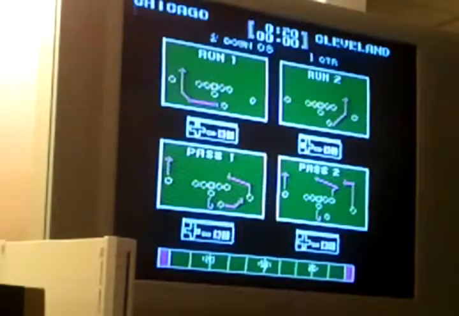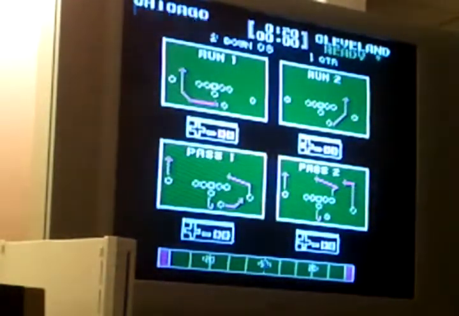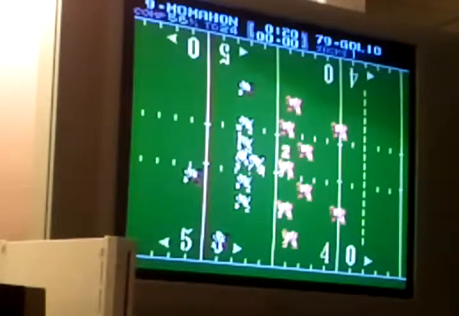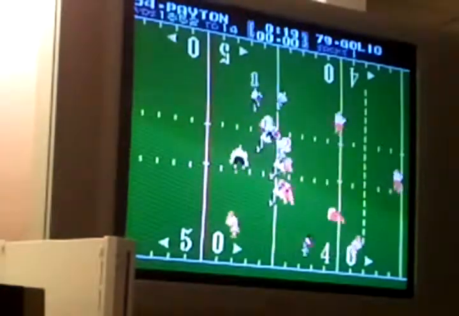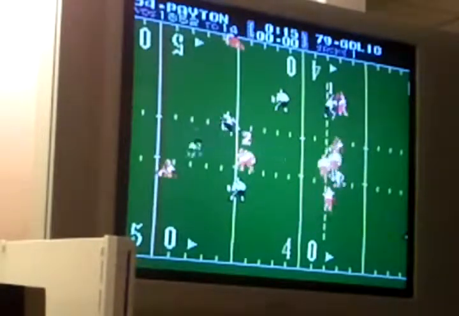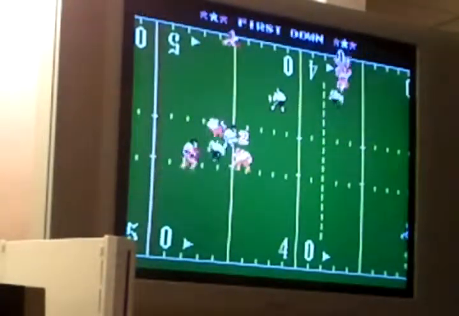Dude, it totally looked like he got 4 yards there. I know it did. I'm so tired of explaining this. It's the worst thing ever.